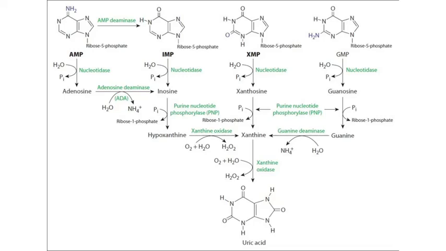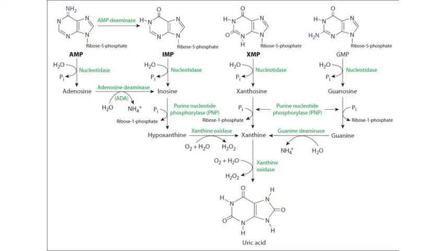It's an efficient way for the body to recycle purines instead of just breaking them all down. And guanine by itself can be salvaged and not go through making hypoxanthine or xanthine. The body just attaches a phosphoribosyl group to it and it becomes guanosine monophosphate again.